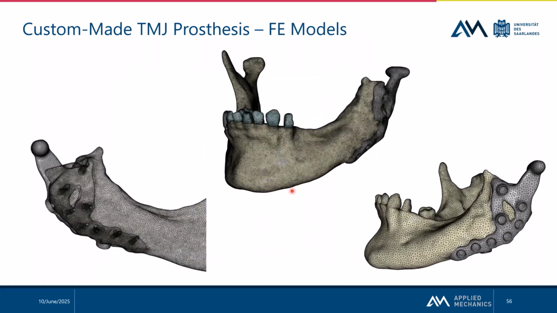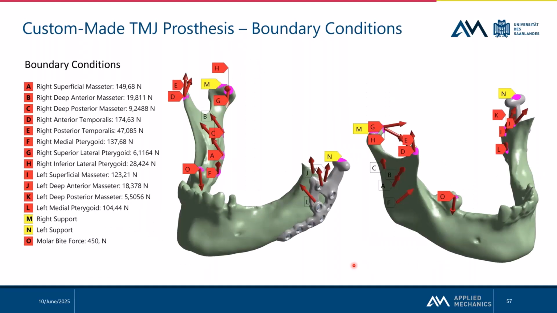We generated finite element models of all the different models, and you can see here in the middle is our finest mesh. It's the computer-aided design model of the TMJ prosthesis and the temporomandibular joint of the patient. And here on the coarser mesh, we try to compare different contact formulations in the finite element simulation. On this slide, you can see our boundary conditions.